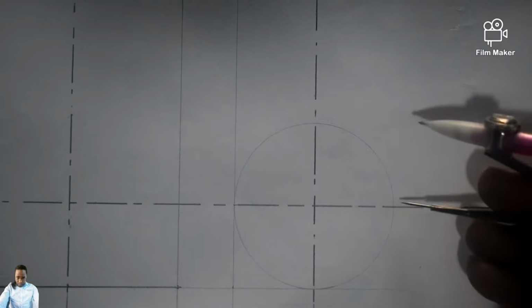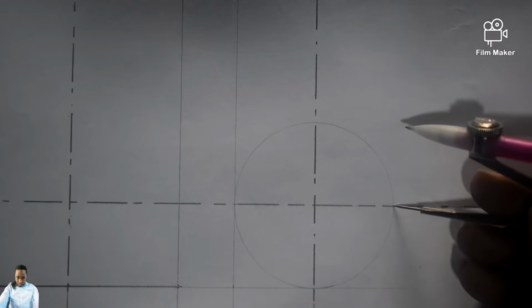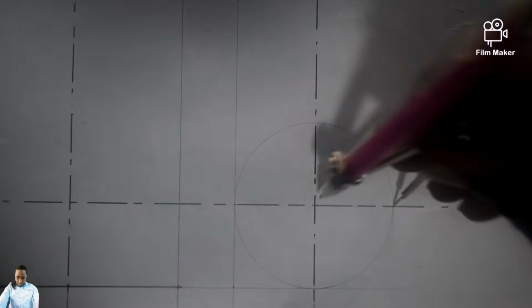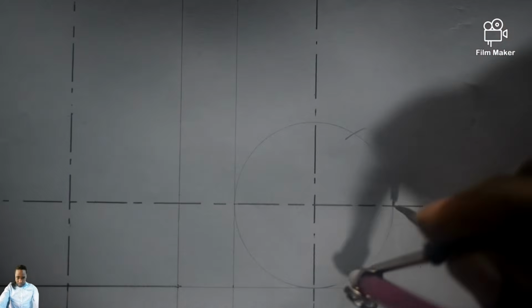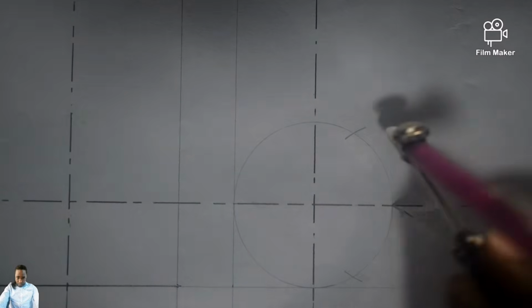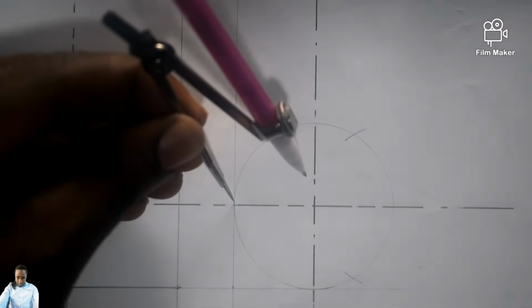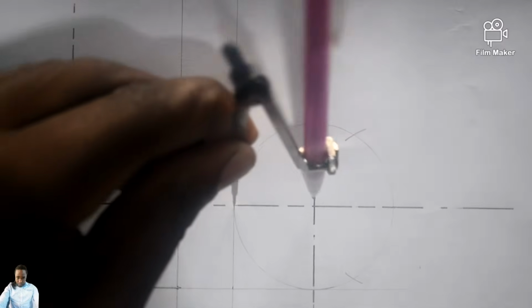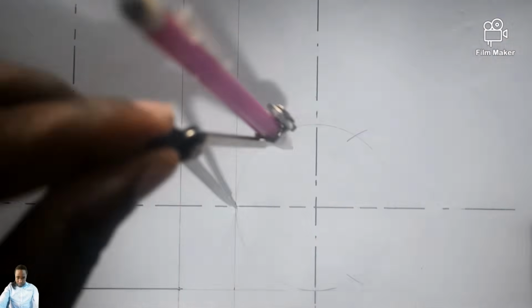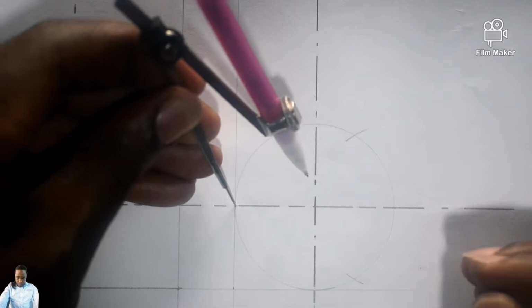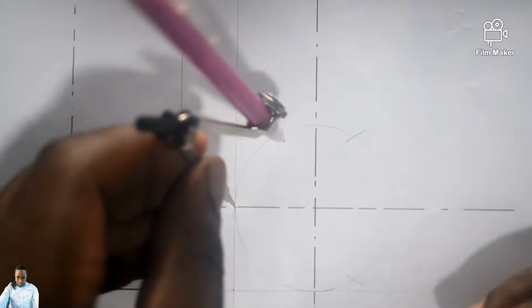Then after drawing that, I come and place it at this point, further extended to the center. Then I strike an arc here and I strike an arc there. Then I come to this one, to the center again, strike an arc. Let me repeat it: from here to center, strike an arc there, and I strike an arc here.